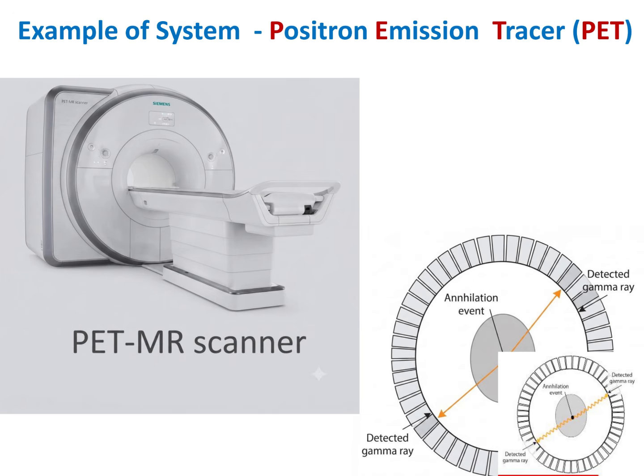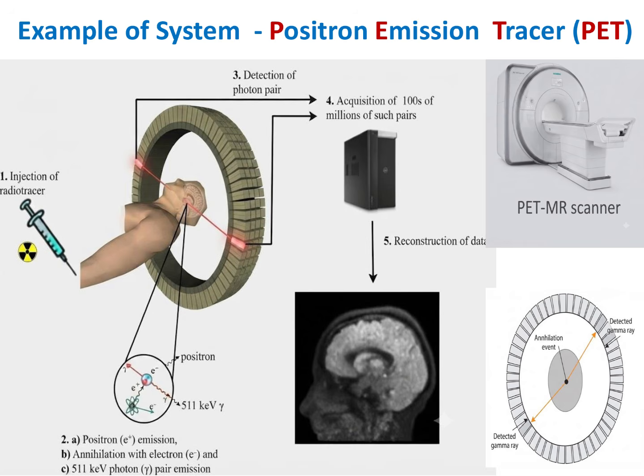From many such detection events, the PET system estimates the tracer distribution inside the body and reconstructs a functional image. So, PET converts detected gamma-ray events into spatial information about physiological activity. The ring of detectors maps the destination of these chemicals in the brain by sensing the emission of radiation in the form of gamma rays.